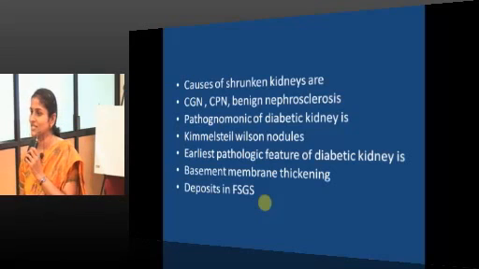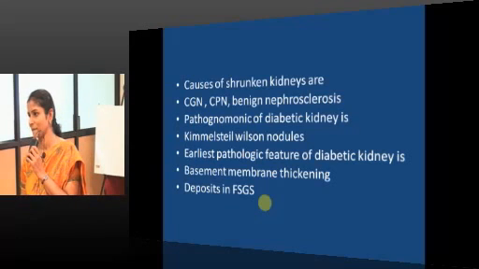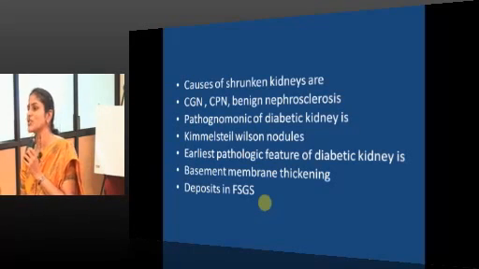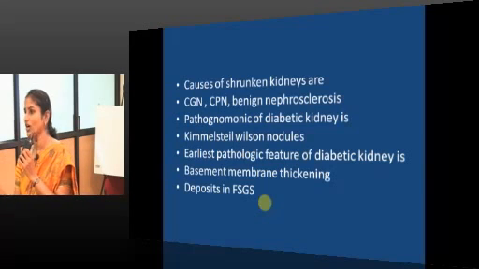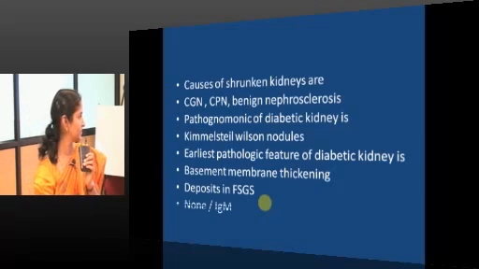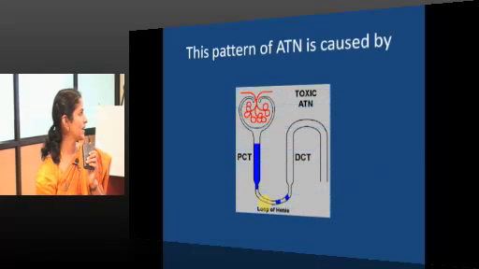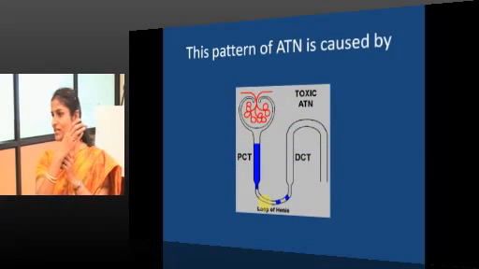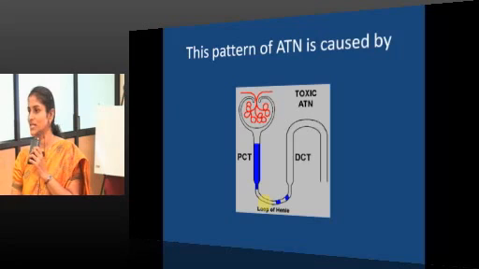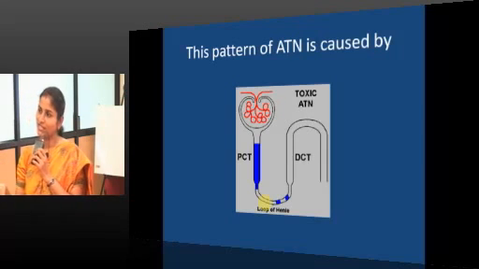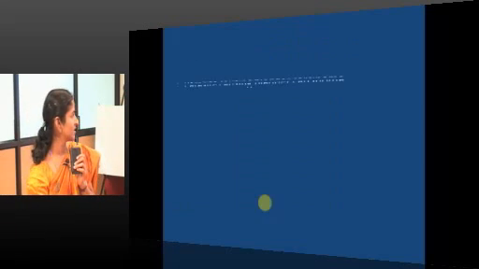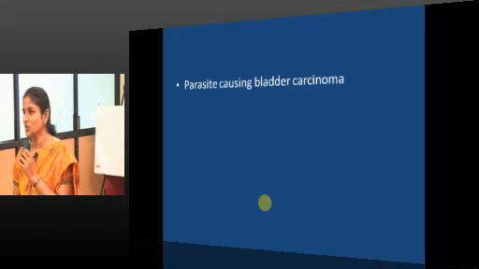Deposits in FSGS? Which deposits will you get to see? Immune complex, which? Either none or IgM. This pattern of fibrosis is caused by what? Patchy or continuous? Patchy is caused by ischemic type. Good. Parasite causing bladder carcinoma?